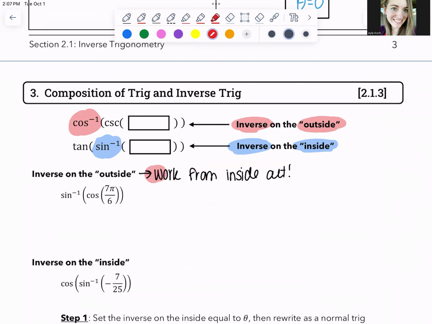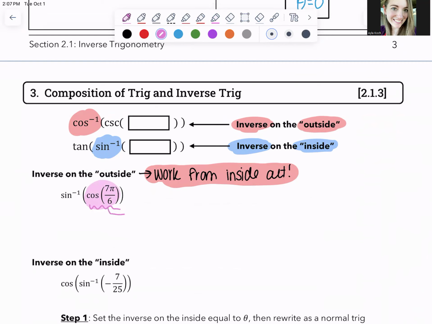You start with this very centerpiece, cosine of 7 pi over 6, and you simplify that piece first.